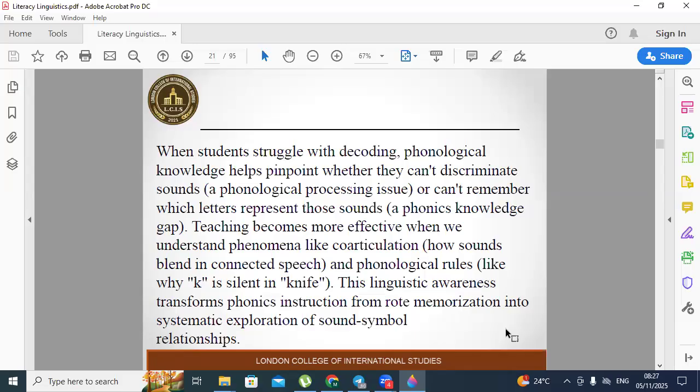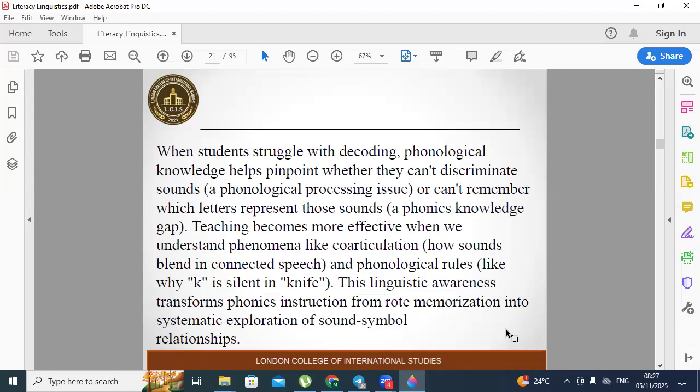A student who cannot discriminate sounds has a phonological processing issue. They need intensive work on phonological awareness, listening activities that help them tune into the sound structure of language.